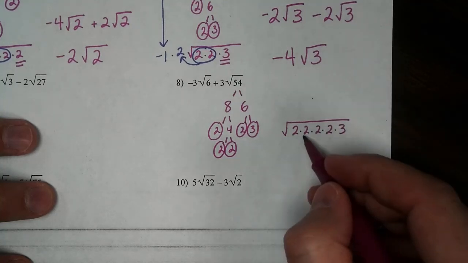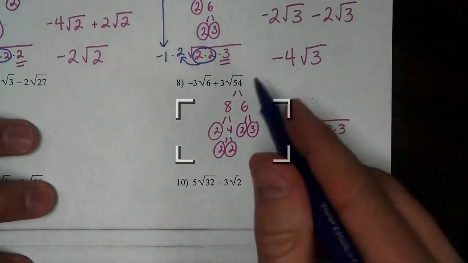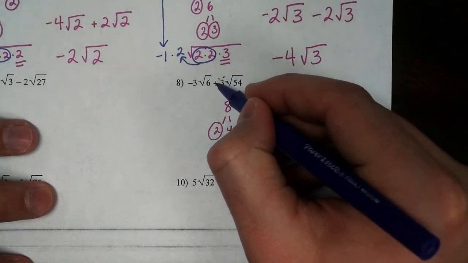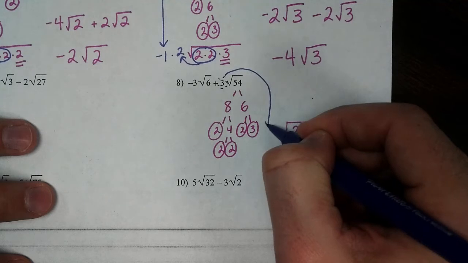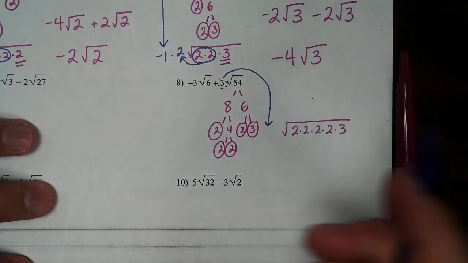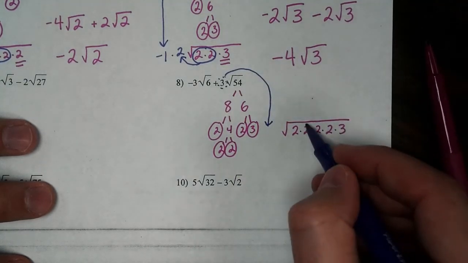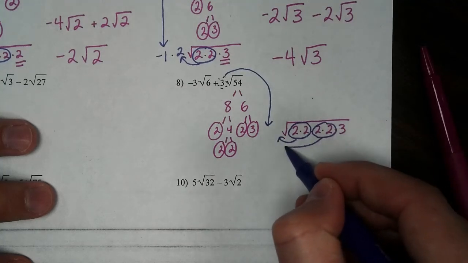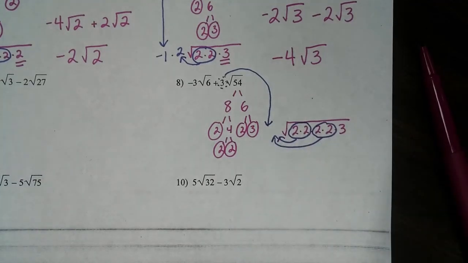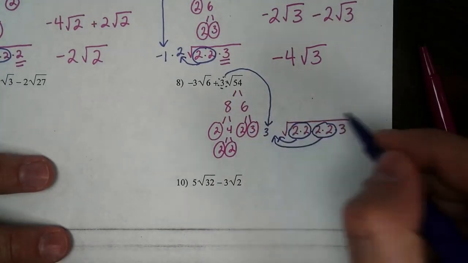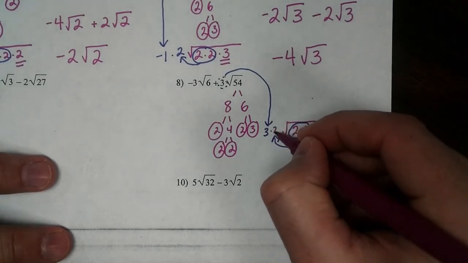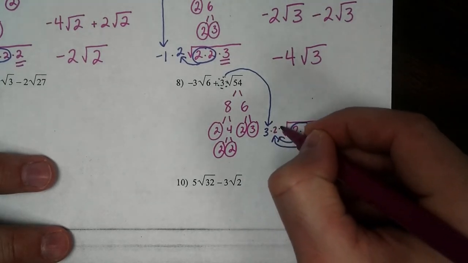Okay. Now, again, we still have that 3 on the outside, so we need to bring that 3. It's a positive 3 because it's a plus. Bring that 3 over here. Do I have any pairs? Well, I've got a pair of 2's. They're going to come out. So I've got this 3 already on the outside. This pair of 2's comes out to be 1, 2. This pair of 2's comes out to be 1, 2.